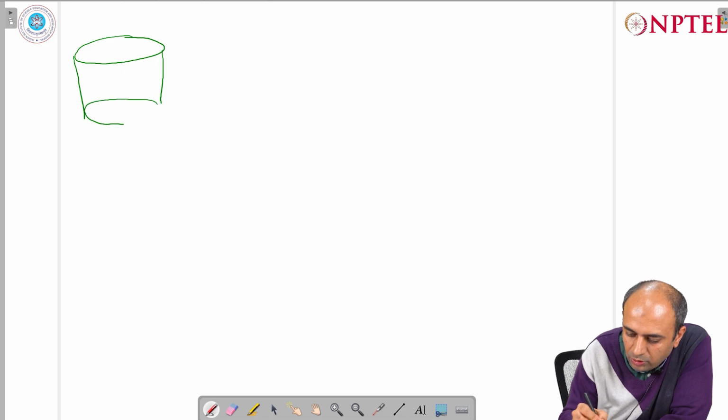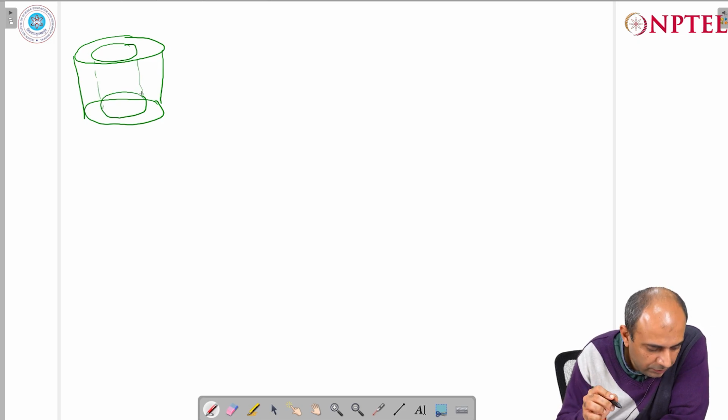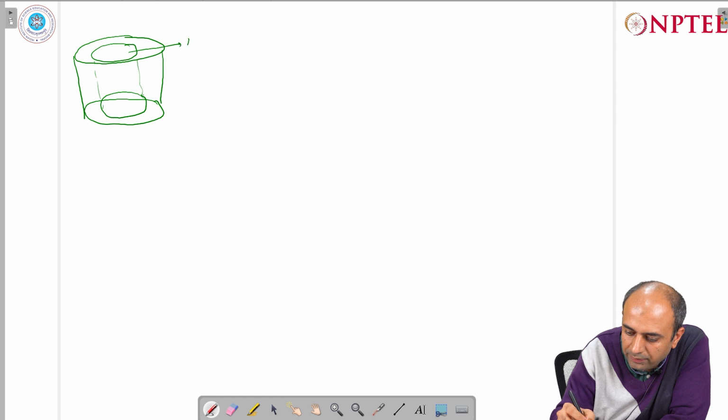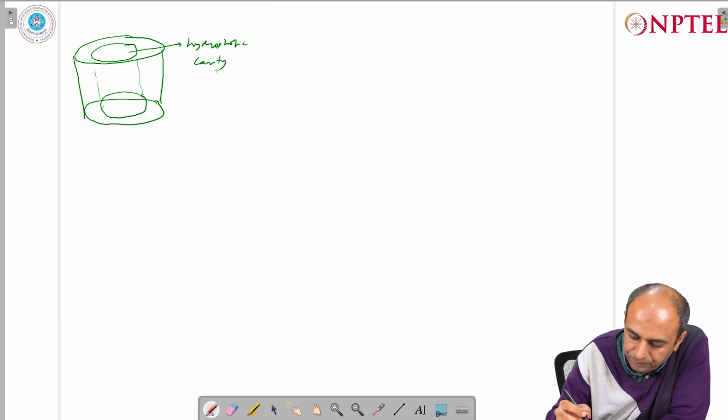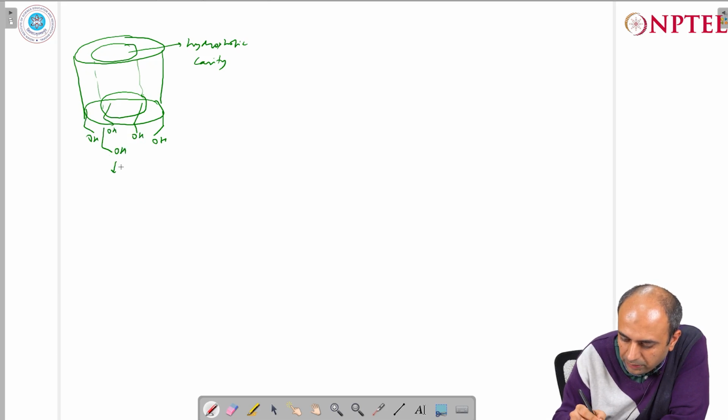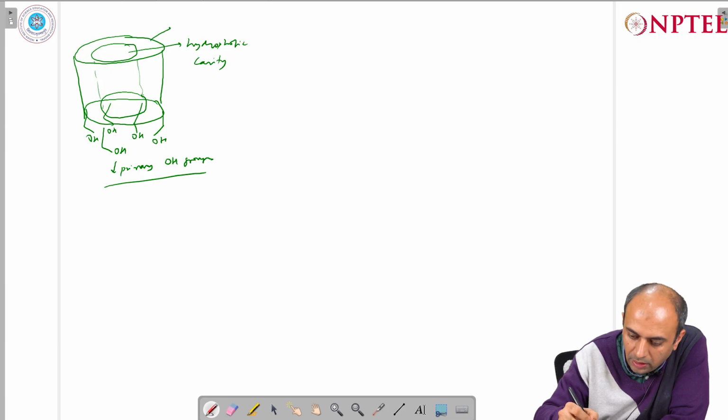These are more bucket-like molecules which have got this hydrophobic cavity, and we have got these primary hydroxyl groups, and the secondary hydroxyl groups are on the upper rim.